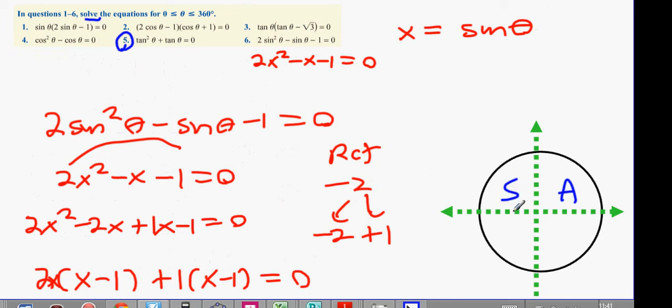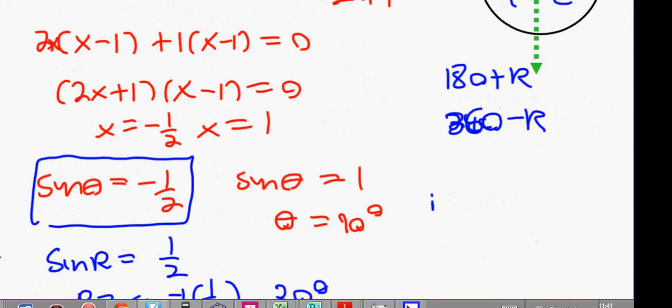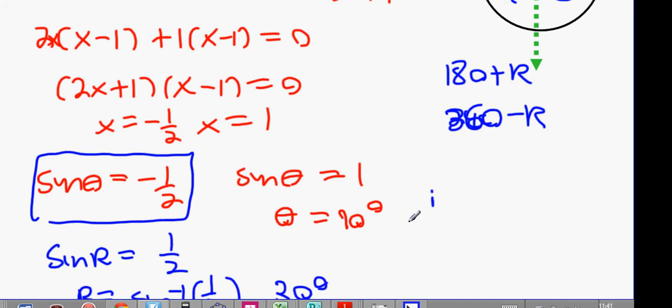It belongs in 3 and 4. What's the rules for 3 and 4? 3 is 180 plus R. 4 is 360 minus R. What's my two answers then? 210 and 330. Okay, moving on, because they're easy now.